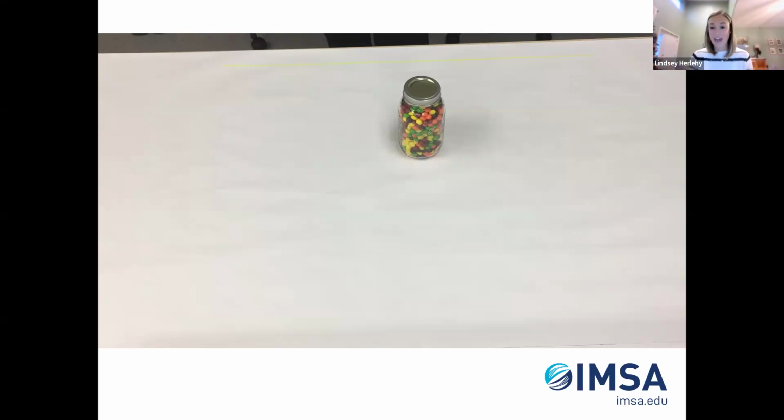And what I'm going to ask you is, is your final answer within your benchmark? Because if it's not, one of two things is wrong. Either your estimation model is incorrect, or we don't trust your mathematics of figuring out the number of Skittles.